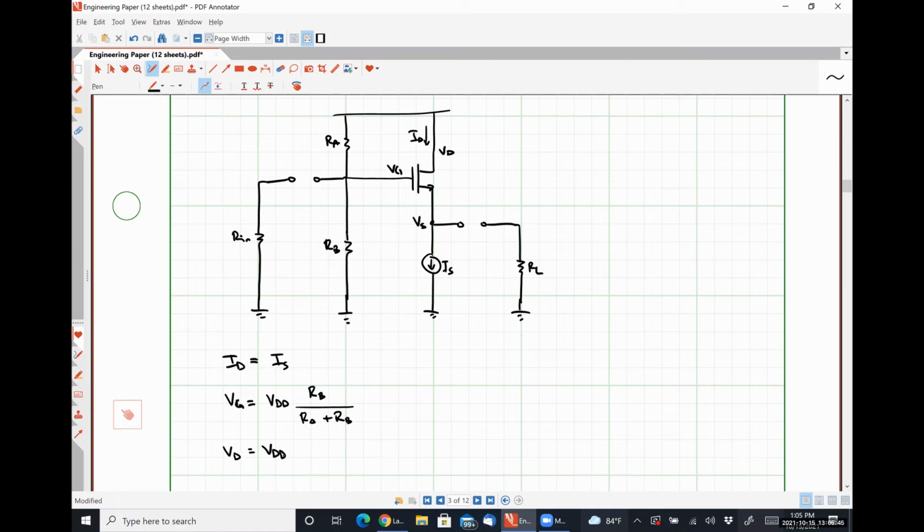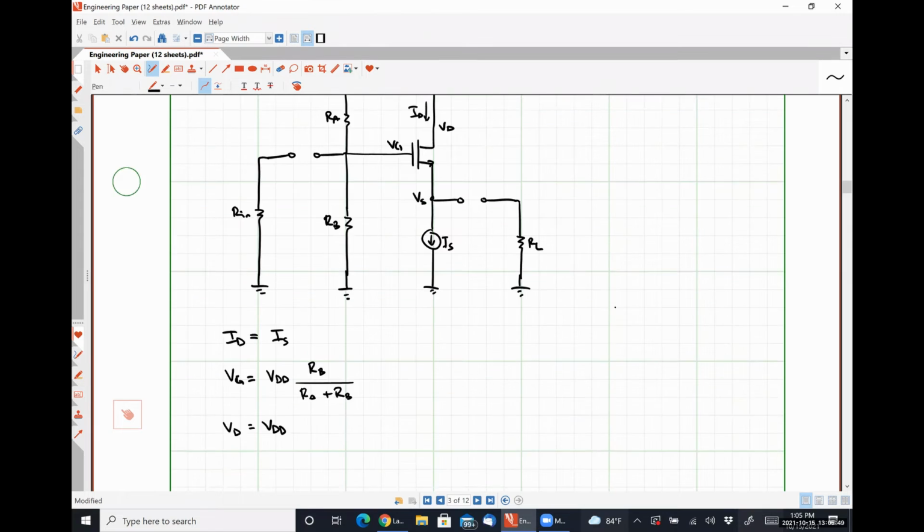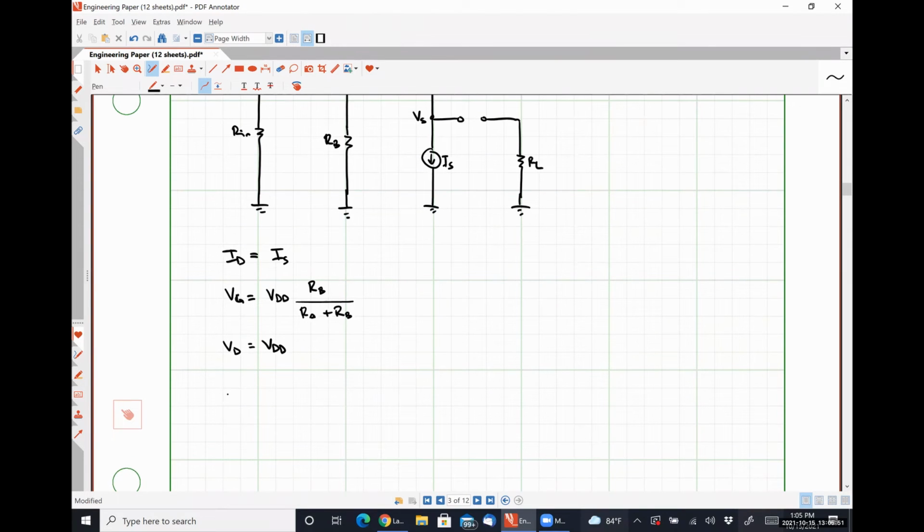And VS is a little bit harder to figure out. Okay. So VS is just VG minus whatever VGS happens to be. We know pretty well what VG is, but we got to figure out how all this VGS stuff works.